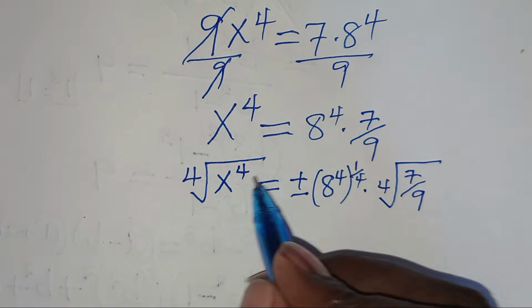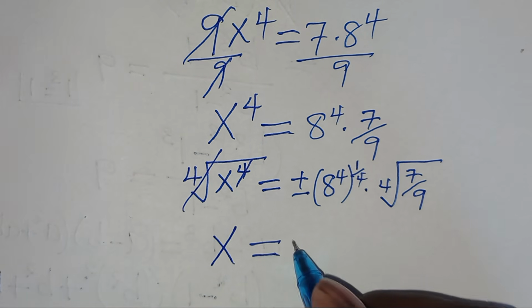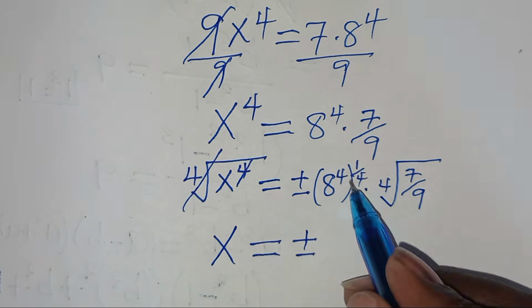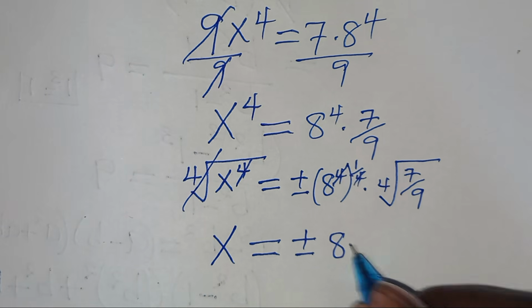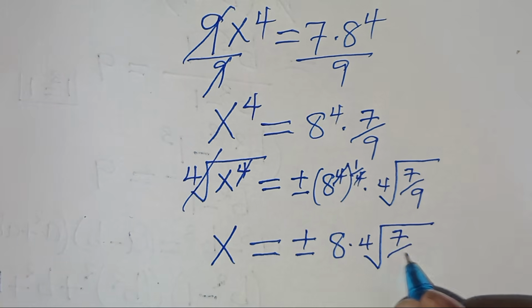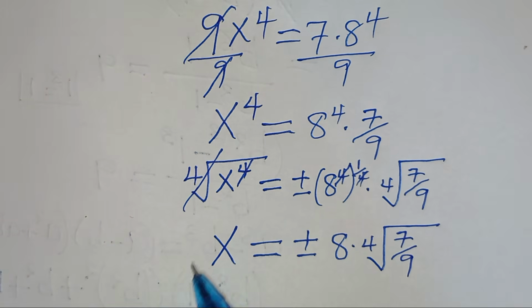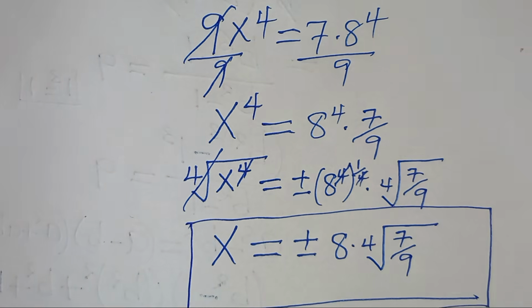So this implies that we have the values of x as plus or minus. Here we simplify, so we have 8 multiplied by the fourth root of 7 over 9. So this is the other values of x under case 2.